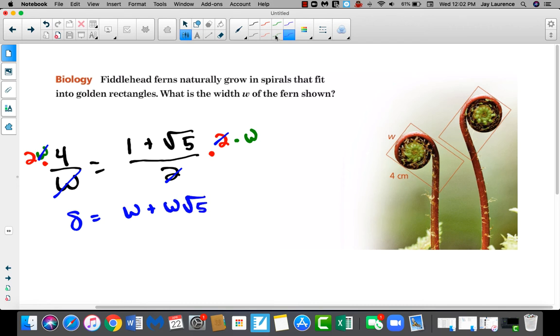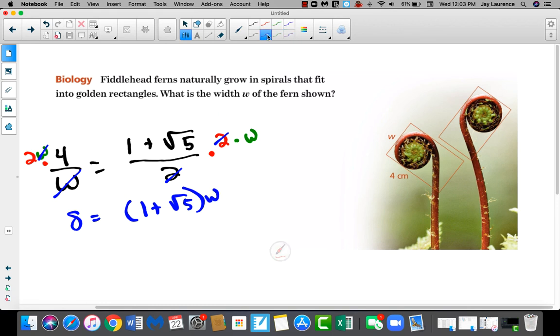Okay. This is looking a little bit strange. I think that perhaps in this situation, I'm going to not distribute. I shouldn't have distributed. I'm making the problem more complicated than it needs to be. So let me rewrite this right-hand side as the quantity of 1 plus rad 5 times W. Okay?